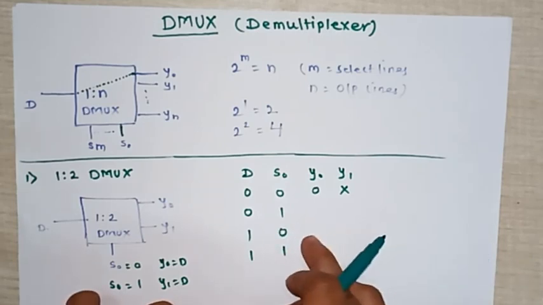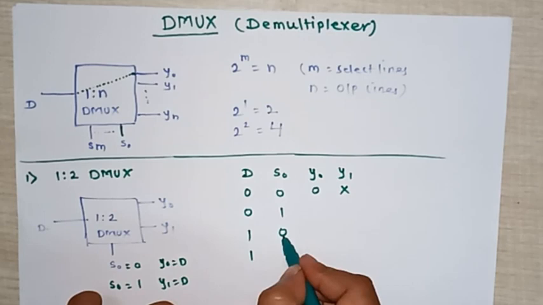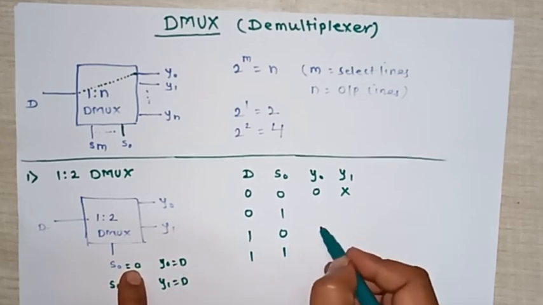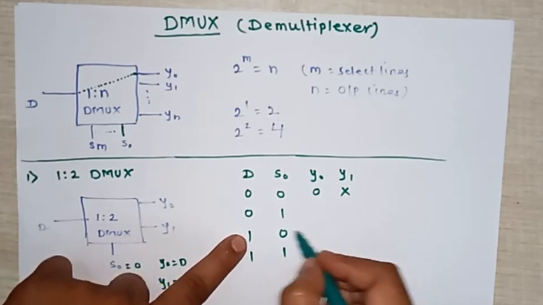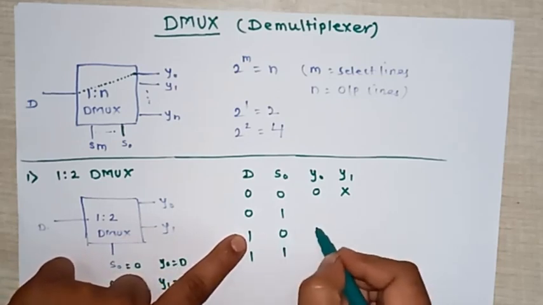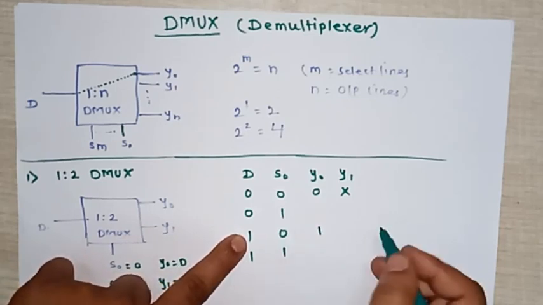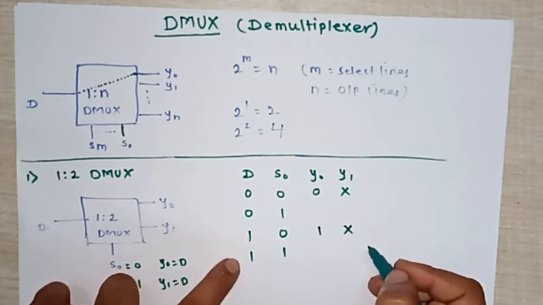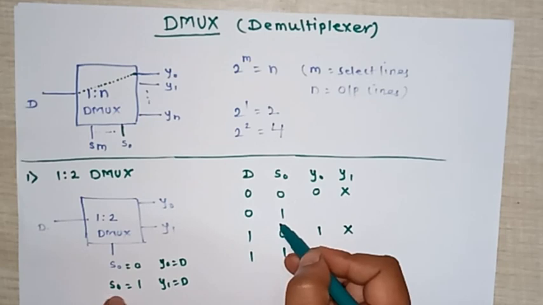Again the same condition here: S0 is 0, so Y0 is equal to D. Here D is 1, so we will write Y0 equal to 1, and this value is again don't care. Now when S0 is 1, which output is connected to the input? That is Y1.